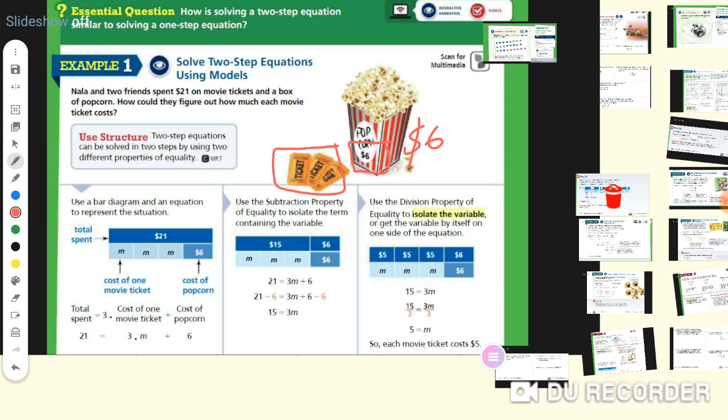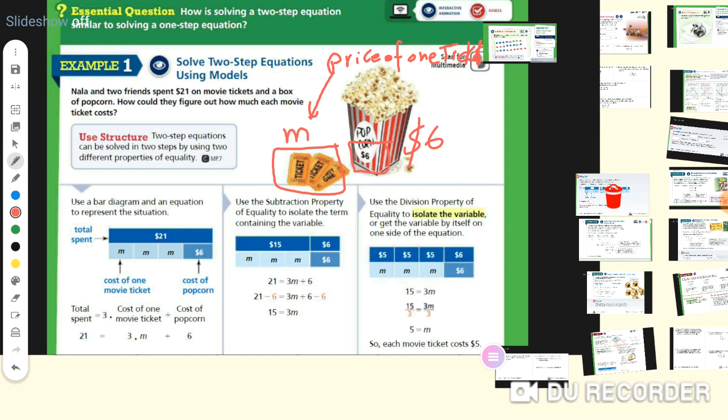So here I don't know the price of the ticket, so consider it as M. M is the price of one ticket. And they have 3 tickets.